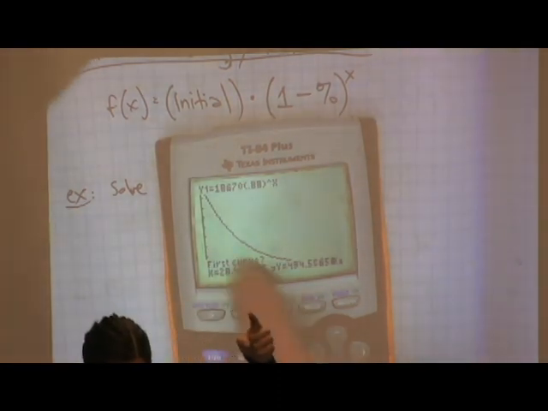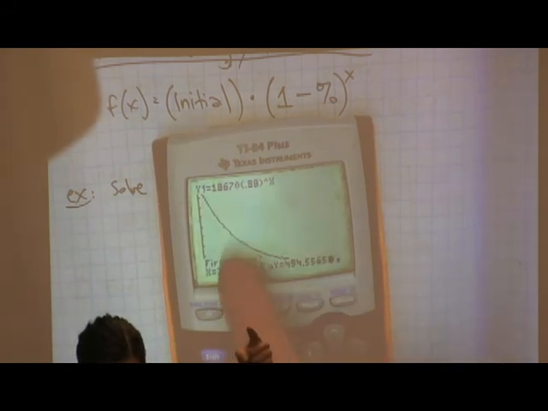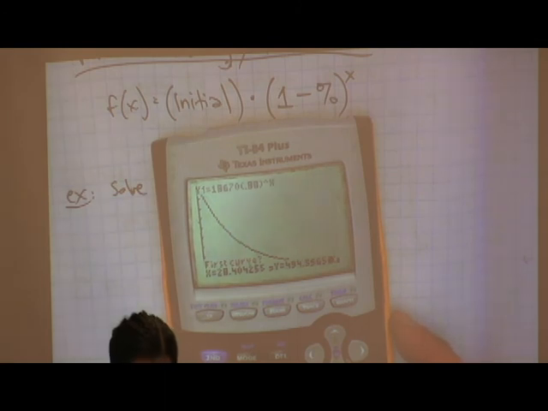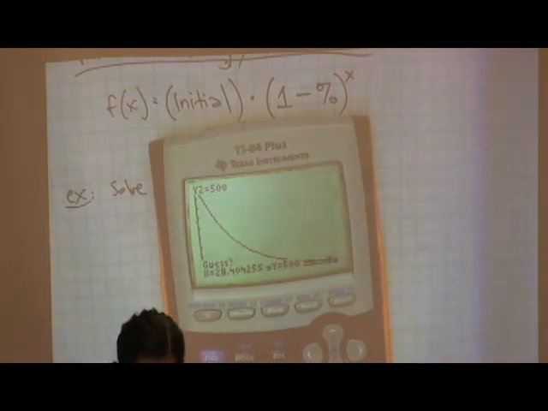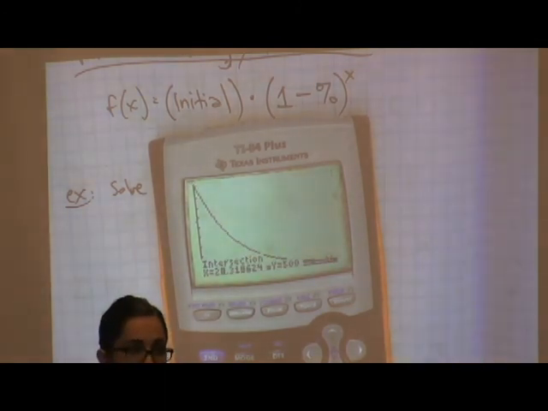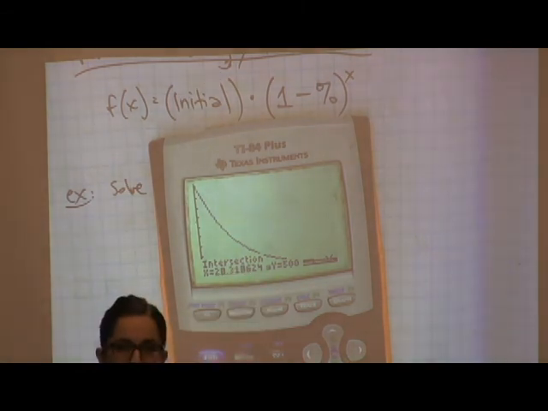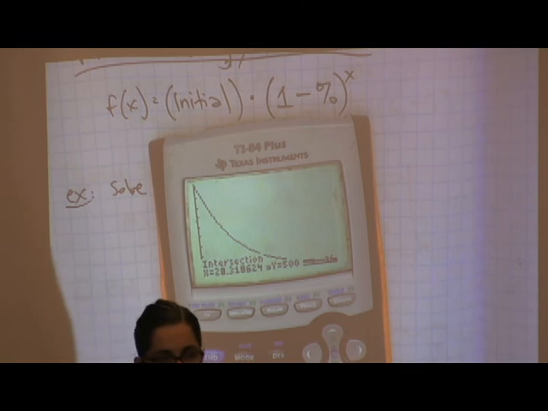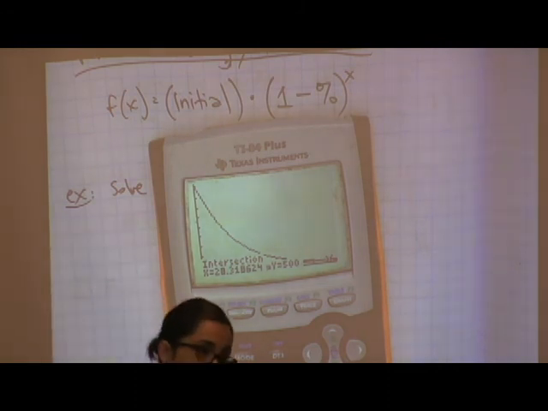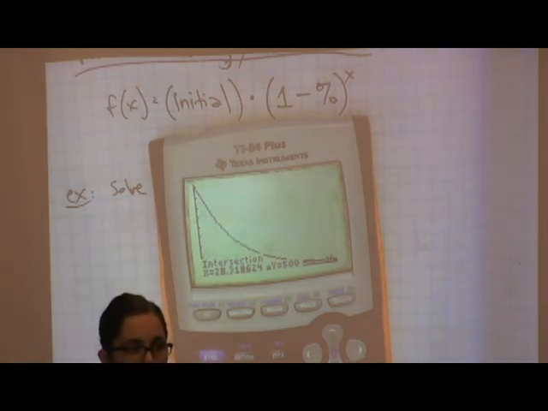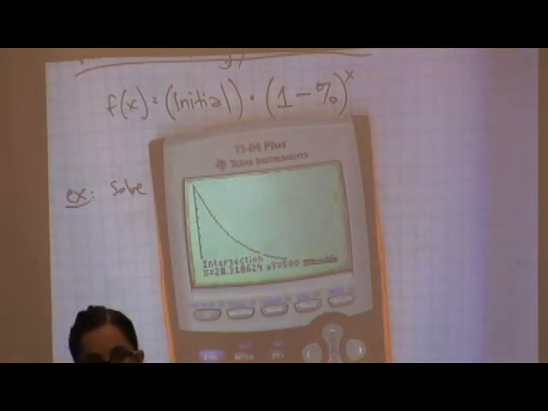It says first curve, and it tells you your first curve is this y equal. So you really just hit enter 3 times. So it should be 28.3 if you hit it. If you go second calc 5, enter 3 times, it says first curve, second curve, guess. Enter, enter, enter. Cool.